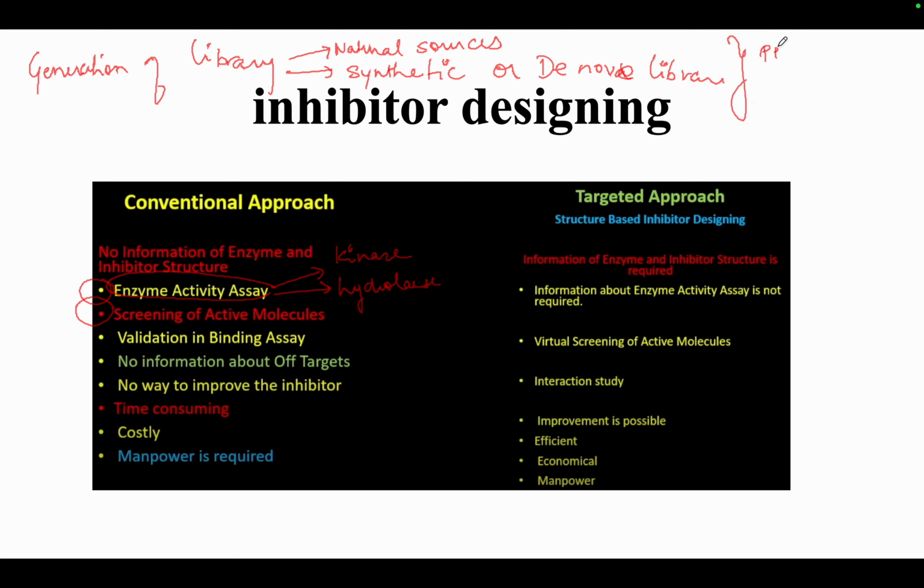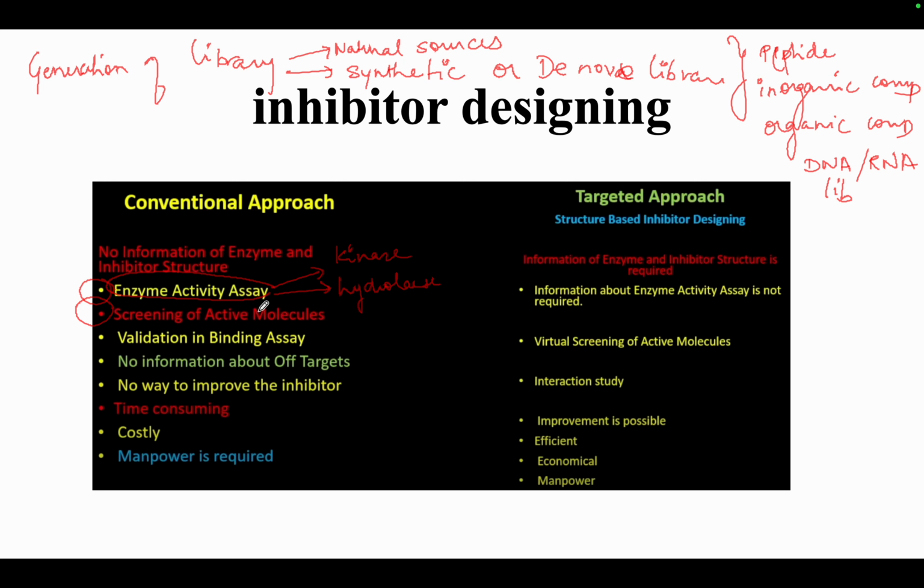It could be a peptide library, an inorganic or organic compound library, or a DNA or RNA library, mostly a DNA library. These are different ways of making active molecules, either from natural sources or synthetically, and then we screen these active molecules with the enzyme.